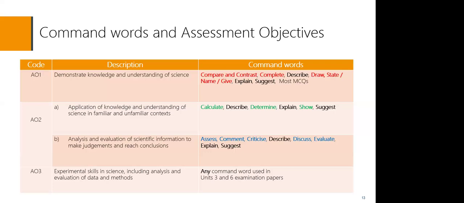If you look at AO1, it says that most multiple choice questions will be AO1. There are 10% of multiple choice questions on each paper. They will mainly be AO1, but not entirely. Some of them will test other assessment objectives.